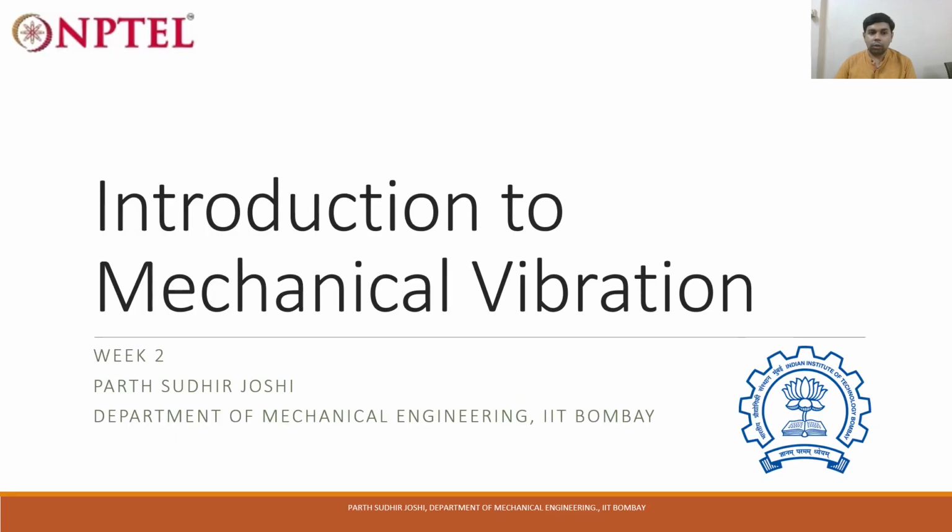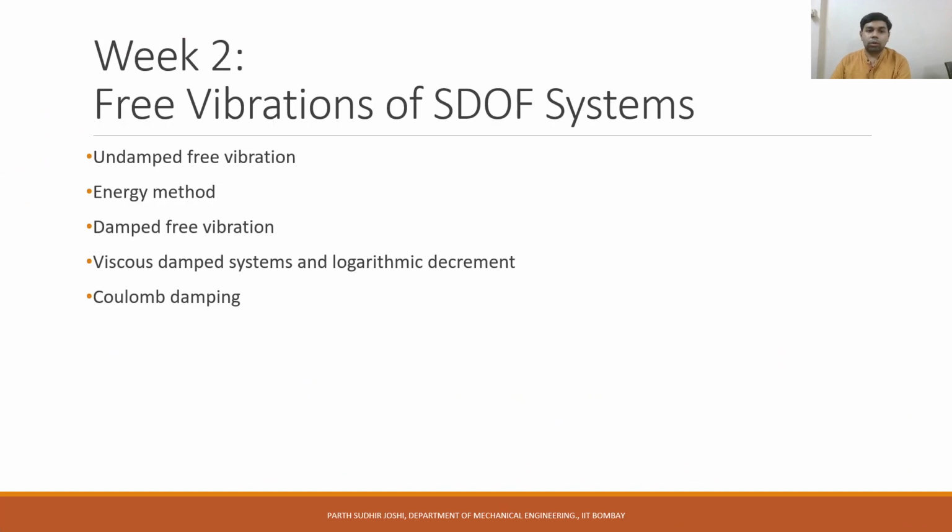So we are in week two, and the main theme of this week is free vibrations of single degree of freedom systems. And these are the topics that have been covered in this week. So the first is basically undamped free vibrations. Then the energy method has been covered.